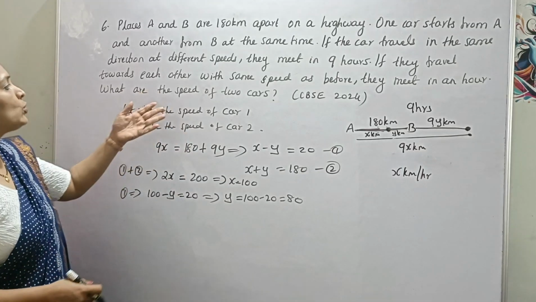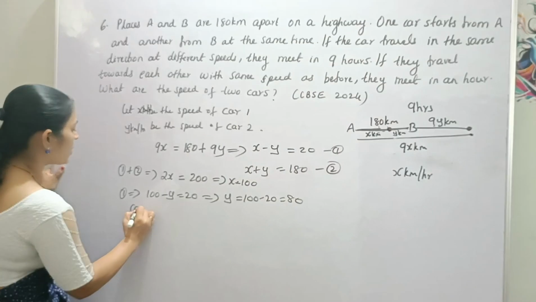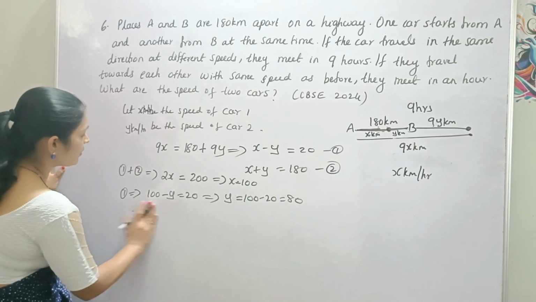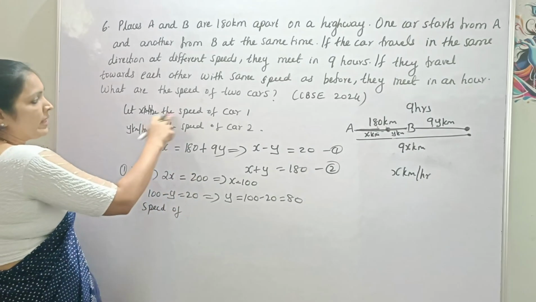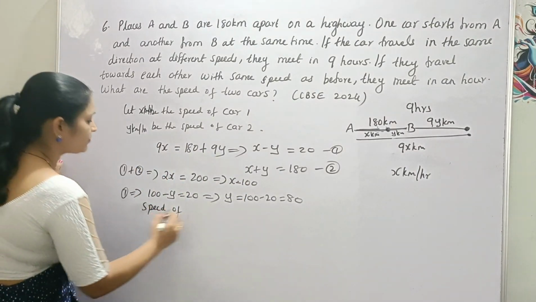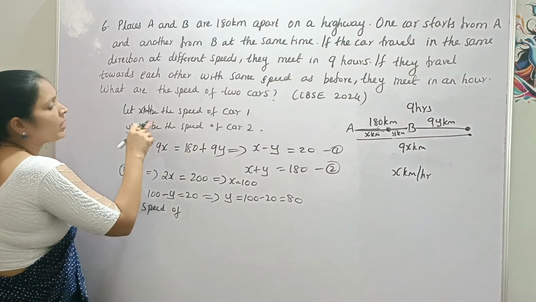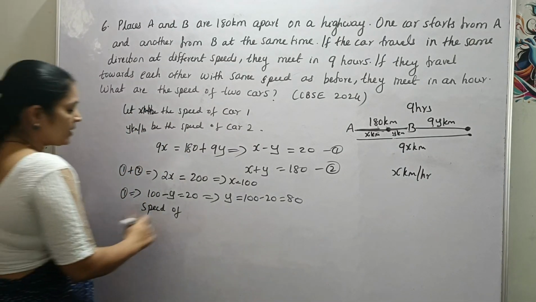That means, see, what we have to find? The speed of the two cars. So the speed of car 1 is 100 kilometer per hour. And the speed of car 2 is 80 kilometer per hour, right?